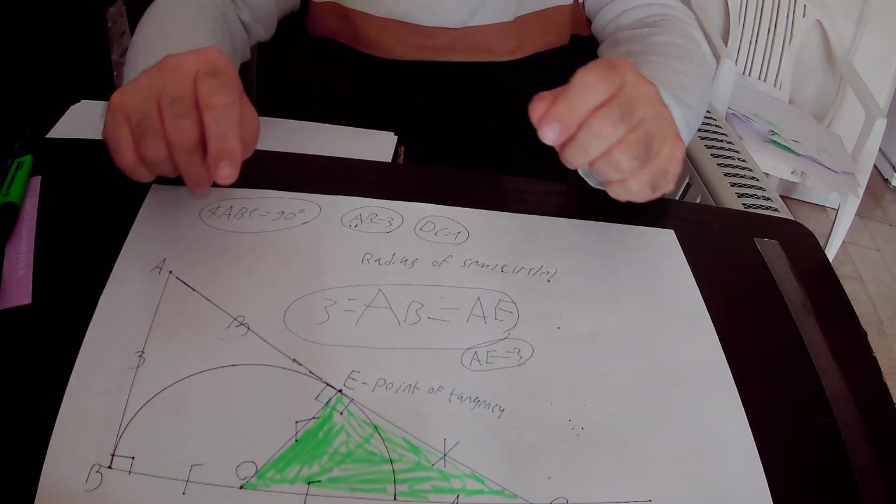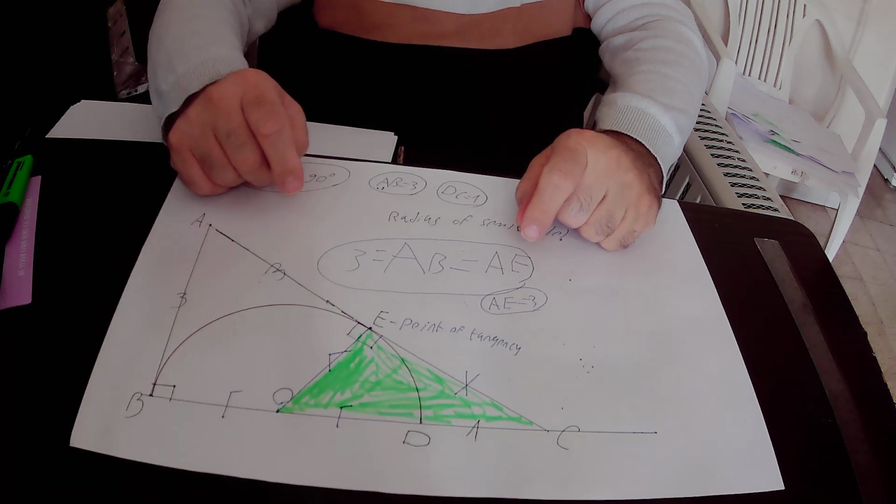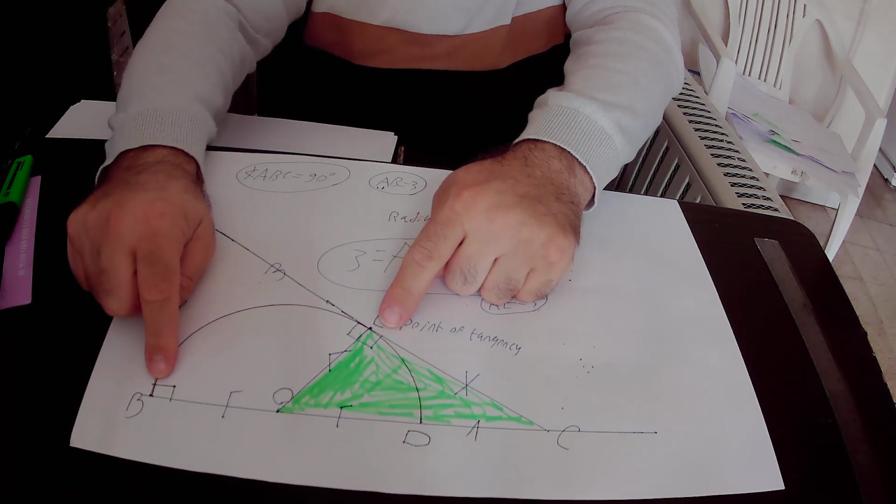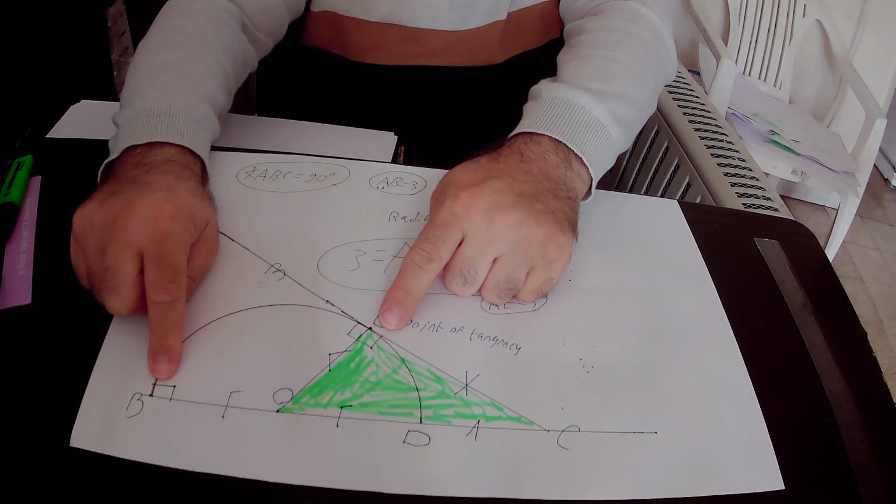On those two triangles, we have two angles that are equal to each other. They are both right angles.